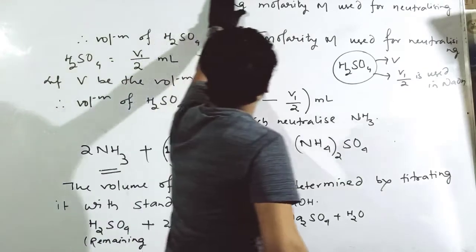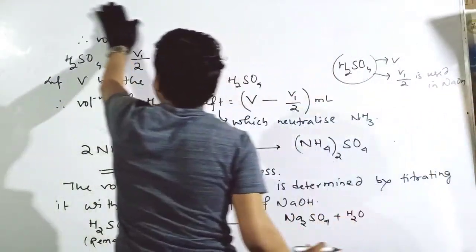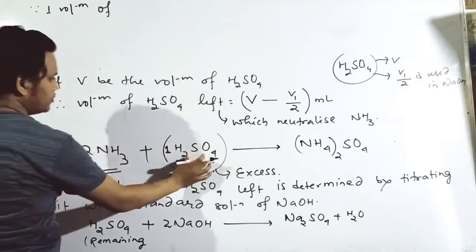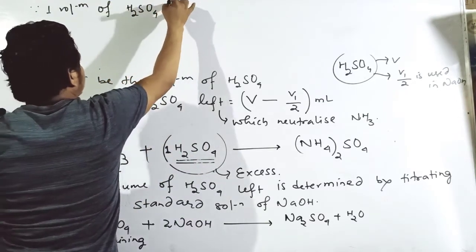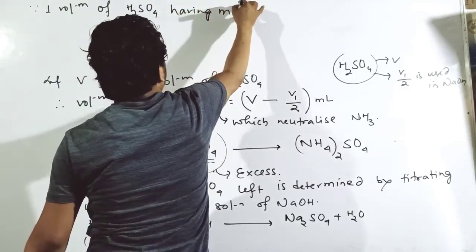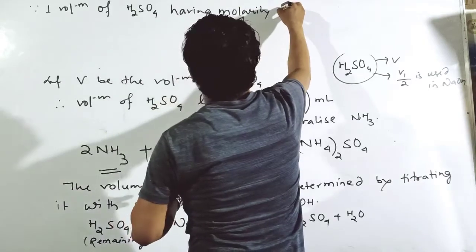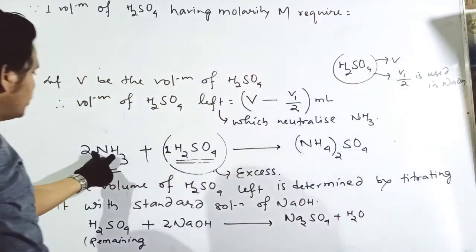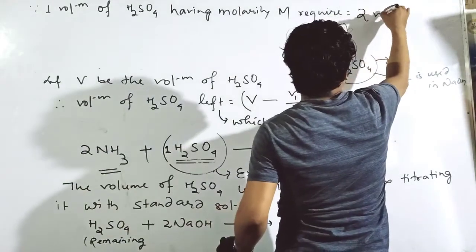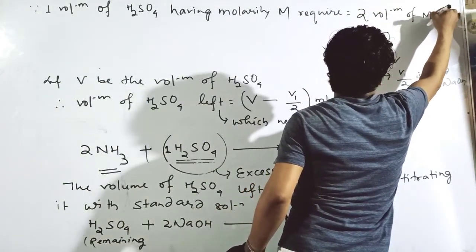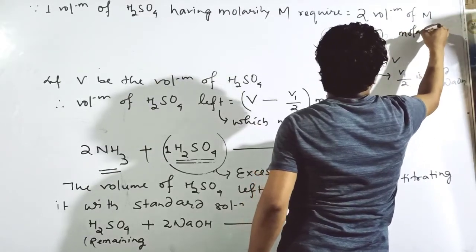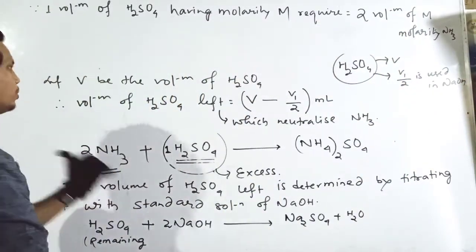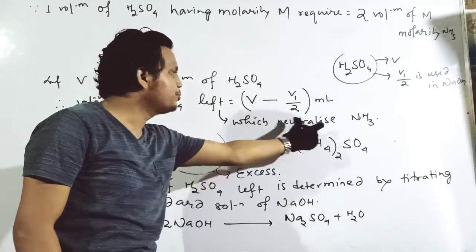Therefore, since 1 volume of sulfuric acid having molarity M requires 2 volumes of ammonia of molarity M. So if 1 volume of sulfuric acid requires 2, how much sulfuric acid is left, which neutralizes ammonia?